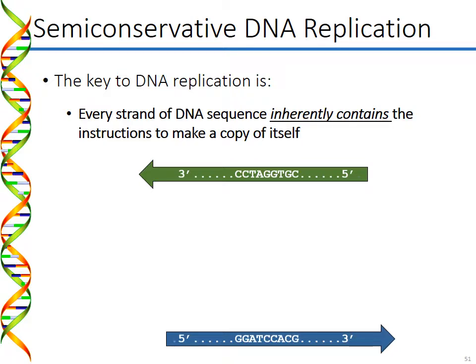In reality, we would have the replication fork that we saw on the previous slide, and at the relevant section where replication is occurring, they would be separate, but much like a half unzipped zipper, part of the molecule that is not being replicated would still be bound together. But for now, let's talk about them as though they were entirely separate, just for simplicity.